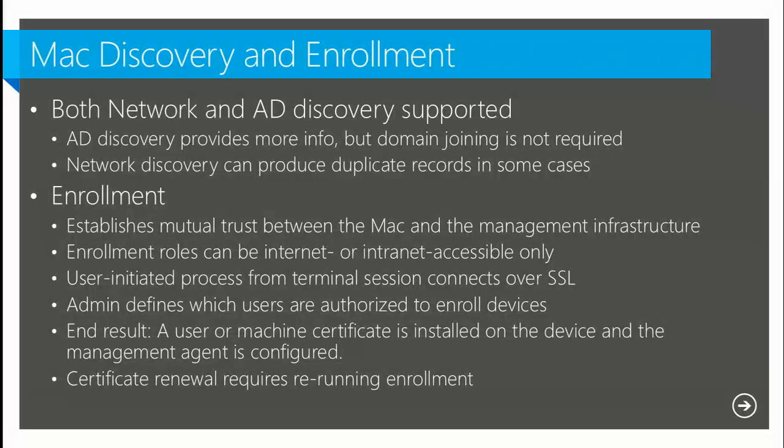And in Mac, in some cases, through network discovery, the data may produce false duplicate records because some of the data that Mac has that gets discovered through network discovery changes over time. And so in general, AD discovery is going to be a more reliable means for finding and identifying your Mac computers. And so our best practice, what we'd recommend, is actually doing domain join of Mac devices to your Active Directory, and that enables us to collect that additional richer set of information.